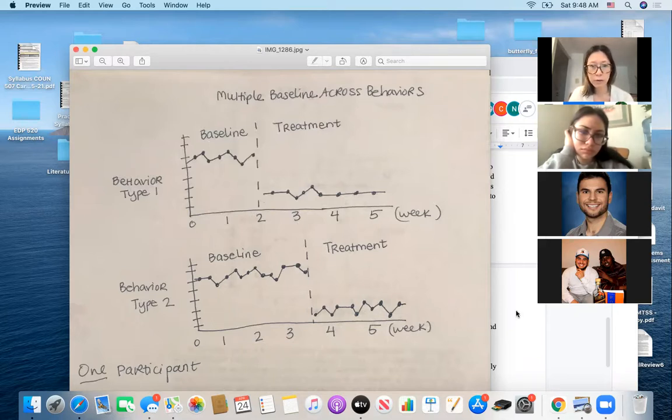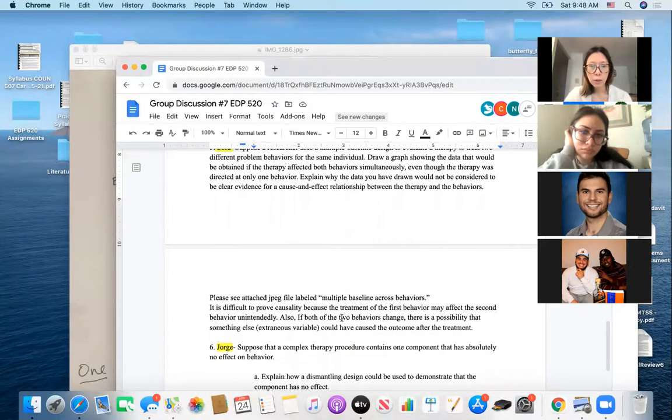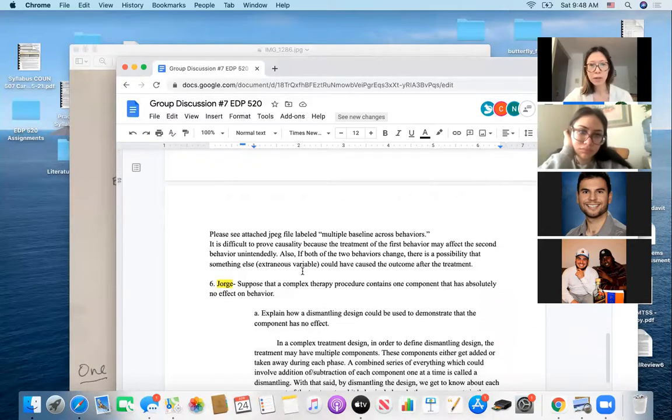So for both behaviors. And then it's asking why you can't really show a cause and effect relationship. I put, it's difficult to prove the causality because if the treatment of the first behavior might affect the second behavior.